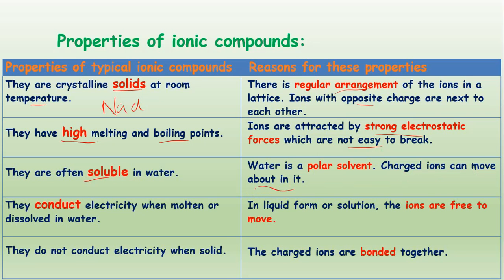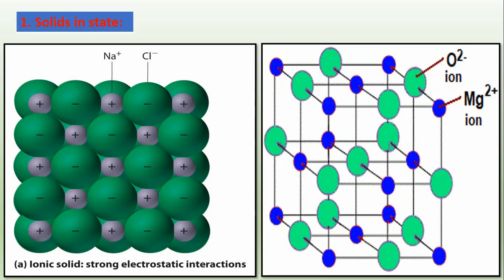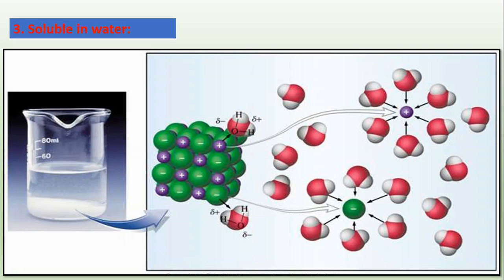A polar solvent is formed by two different elements, like H2O. So what will happen? It will dissolve. Now look at the diagram to see how it is dissolving. Soluble in water: the water will be surrounded by the salt particles, and then they will be dissolved in it.